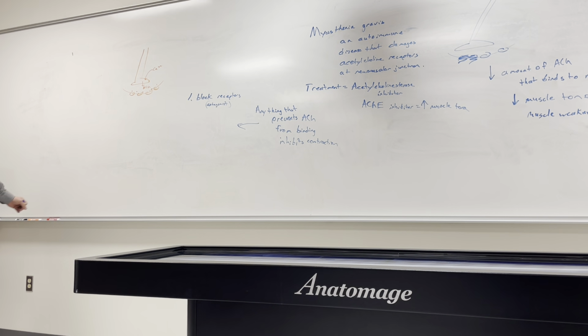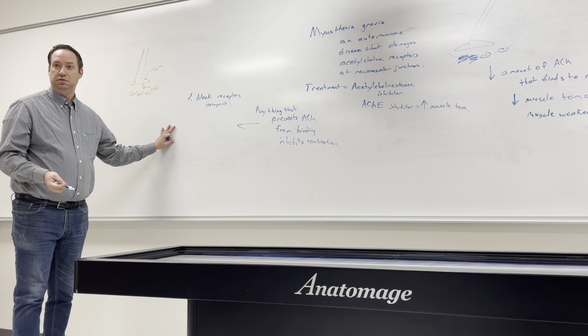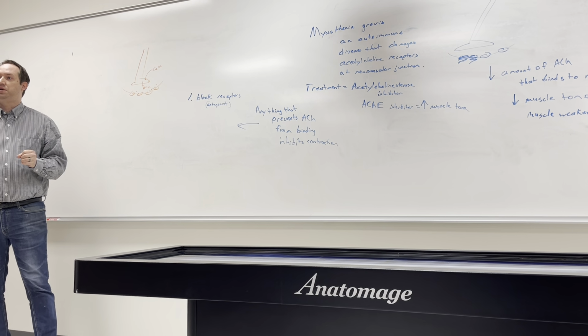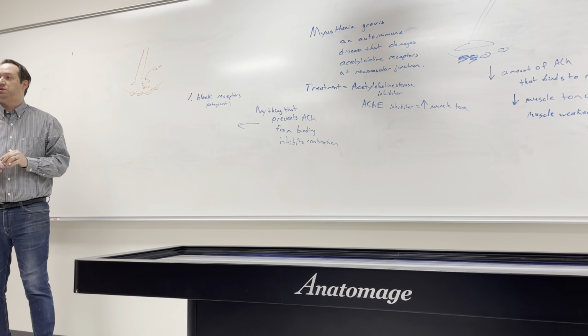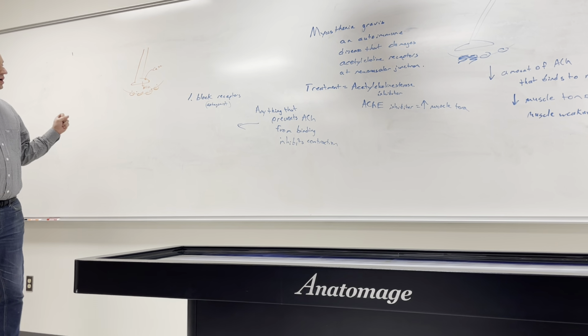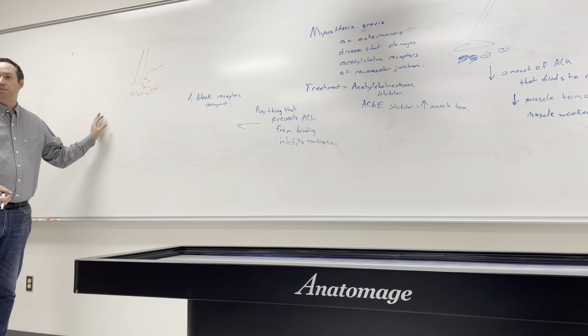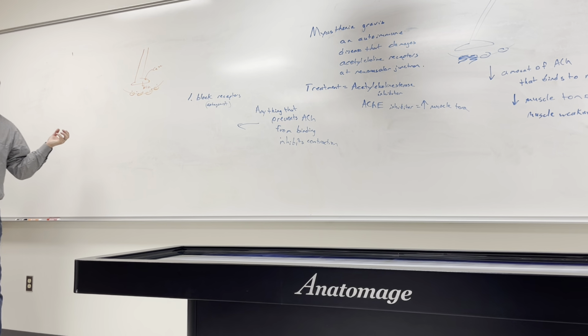So, blocking receptors. Block those acetylcholine receptors would block contraction. We talked about curare as an acetylcholine antagonist. It binds in the place of those receptors, and the result of that is paralysis.